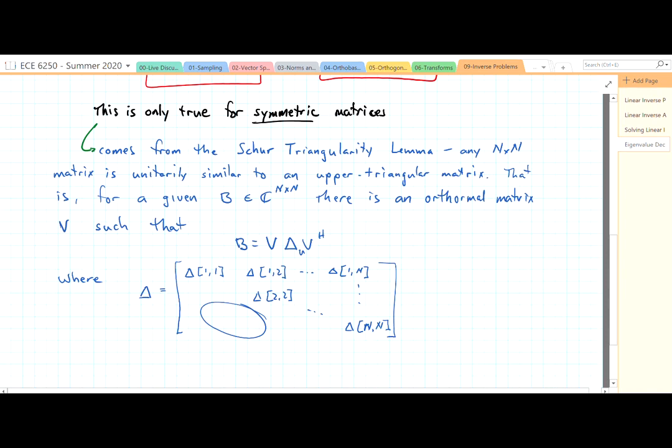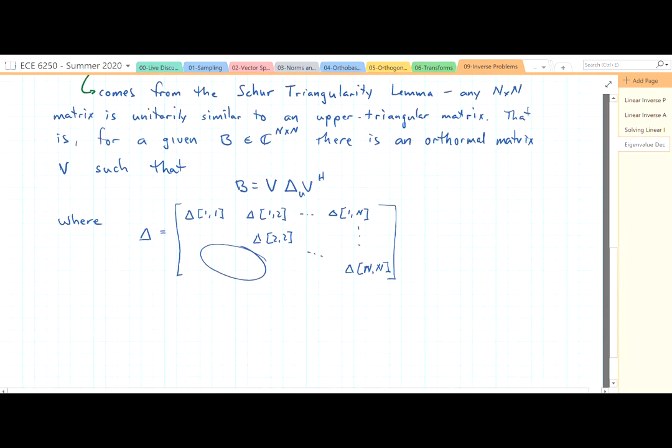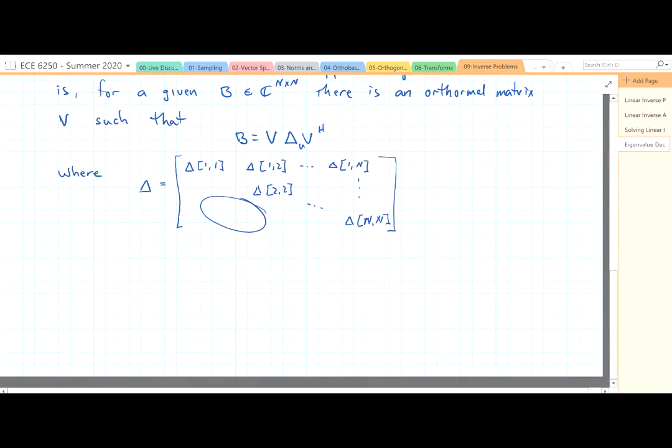So where does this come from? It comes from the basic fact that you can do row and column operations and Gaussian elimination to turn a matrix into an upper triangular matrix.